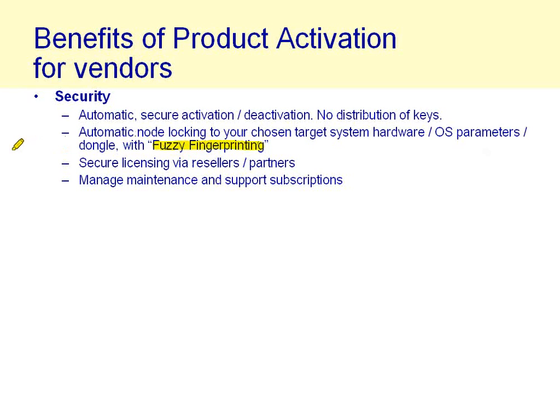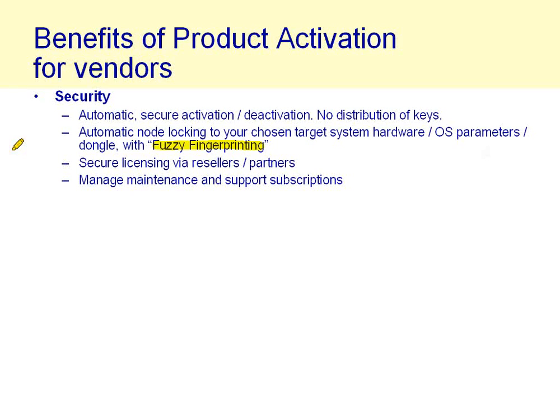And fuzzy fingerprinting is designed to deal with the issue where, let's say you lock your application to 3 parameters of the target machine: MAC address, host ID, CPU ID, whatever it might be. And that works fine, but then some months later, a year later maybe, the user does some minor change to their machine, a minor hardware upgrade, and one of those parameters changes.